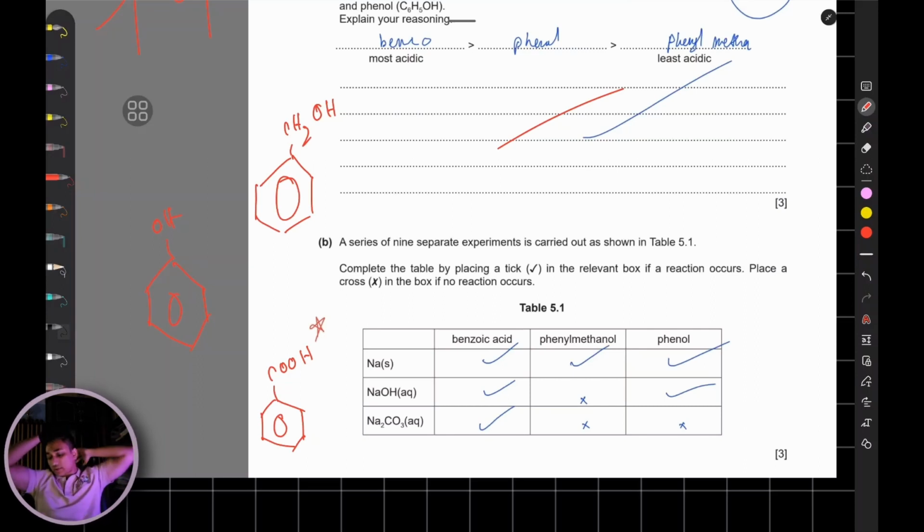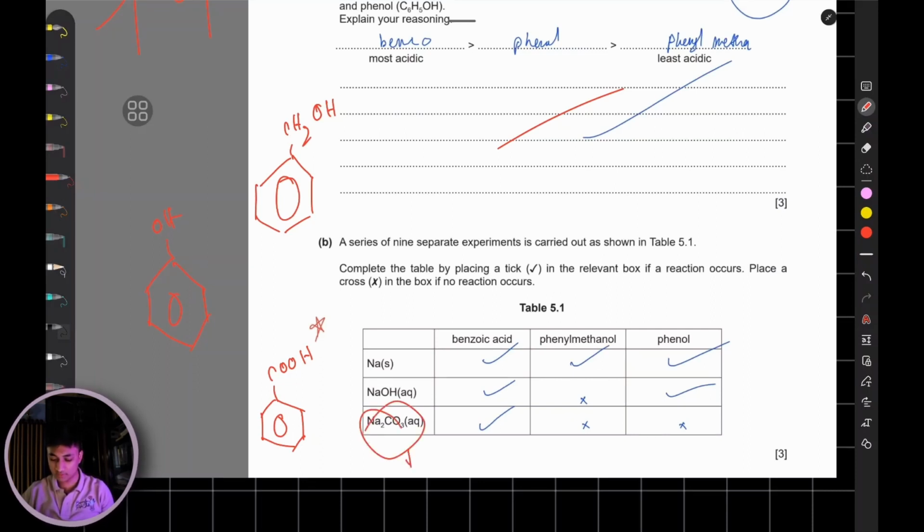Now, in these cases, what's going to happen is they're going to go through acid plus metal reaction or acid plus base reaction, or again acid plus base reaction. In case of benzoic acid, it is relatively a strong acid, hence a typical carboxylic acid, which is why it is going to go through all acid plus metal reaction, acid plus alcohol reaction, and acid plus carbonate reaction.